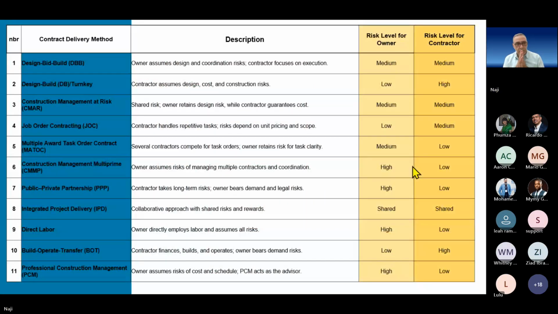Now, how to manage the contract delivery method with respect to the risk level. In this chart, you will always see when the risk level for the contractor is low, the client's is high, or vice versa. They could be mid between the two.